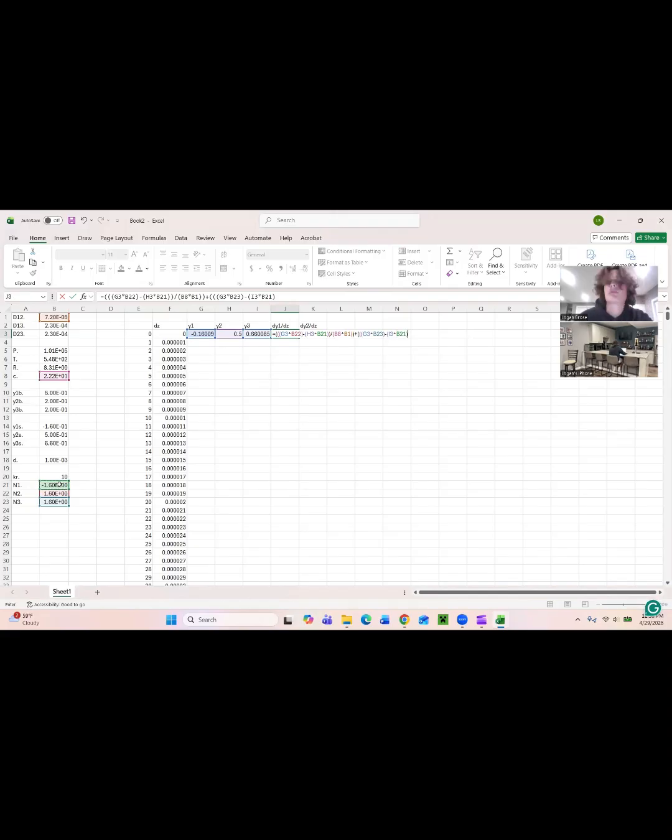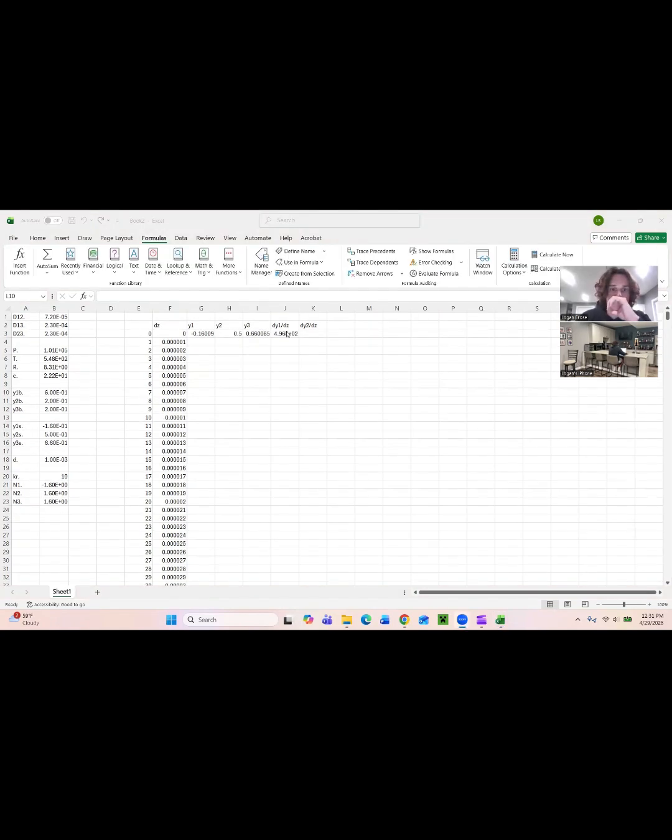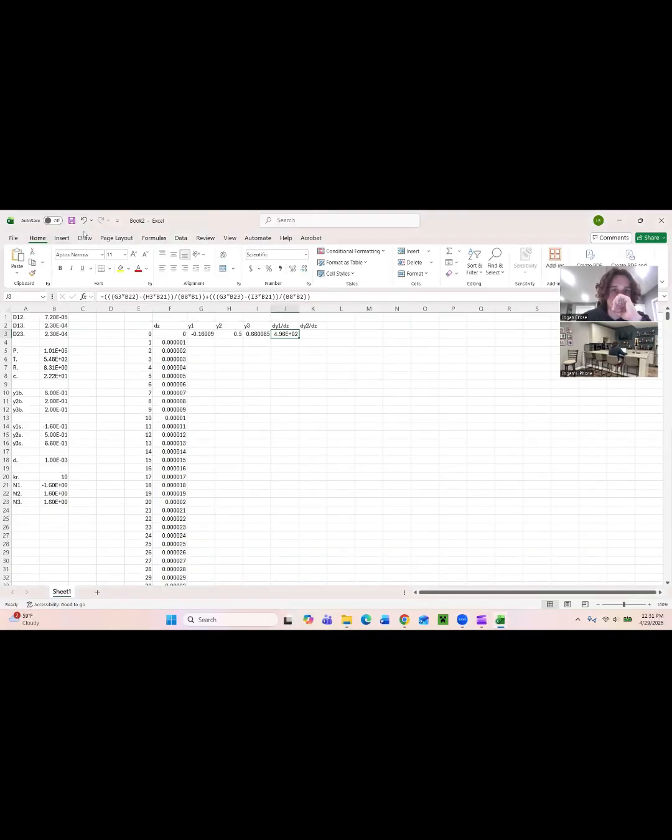And then that will be divided by our concentration times our D13. And we get this value. And this looks correct. What we're going to do here is take this out of scientific notation.